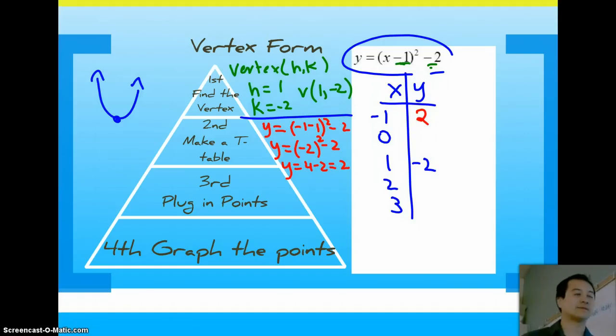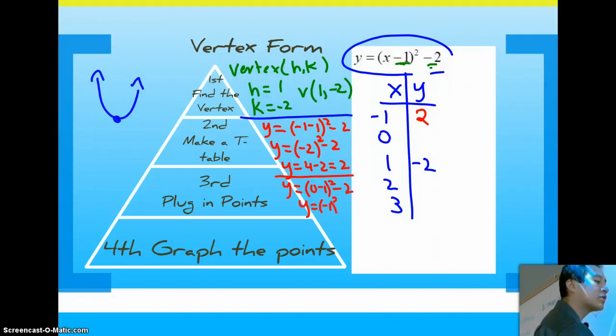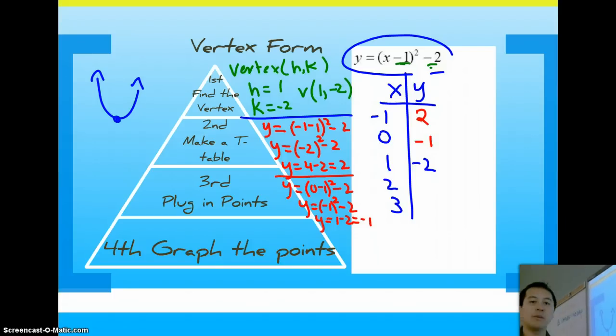Try to plug in the rest. I'll do one more for you. I'll plug in 0. Y equals (0 - 1) squared minus 2. Y equals -1 squared minus 2. Y equals 1 minus 2 equals -1. Right here is -1. I want you to plug in 2. Pause and plug in 2 and 3 by yourself and see what you get.